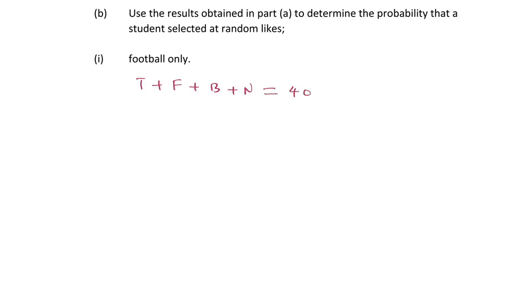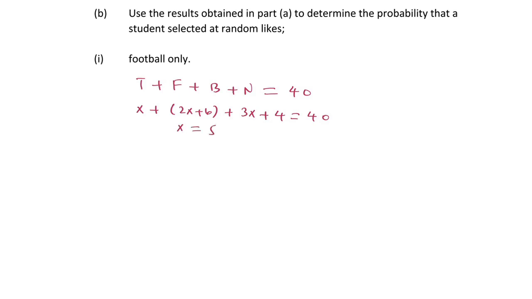So now let us apply the values which we have. We are going to have x plus, in brackets, 2x plus 6 plus 3x plus 4 equals 40. Simplifying this equation and solving for x, we are going to have x equals 5.